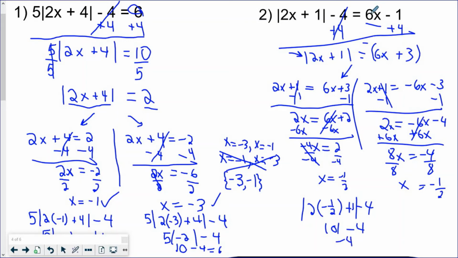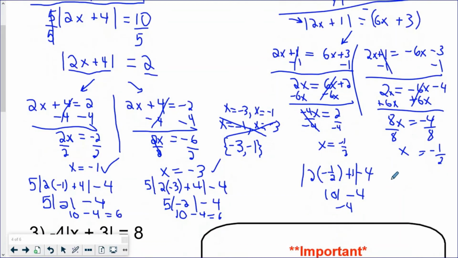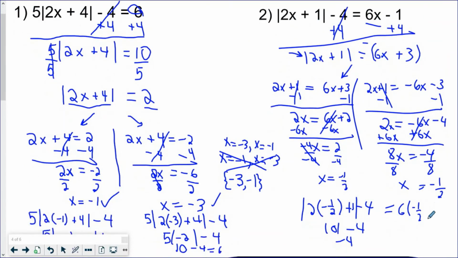So the question now is, does this give us -4? So I see if this is equivalent to 6 times -1/2, and then I subtract 1, I get -3 minus 1 or -4. So they are equivalent. -1/2 produces the same thing on the left as it does on the right.